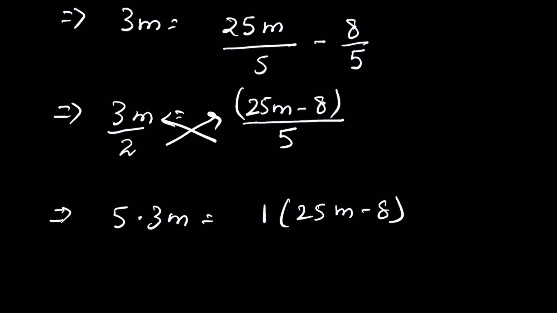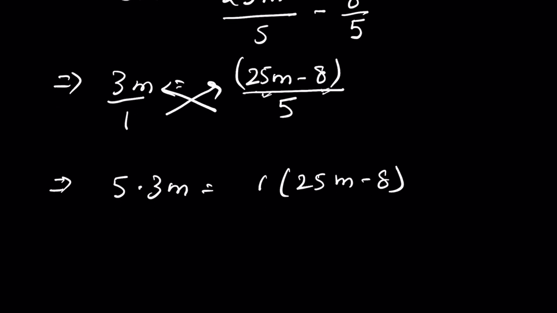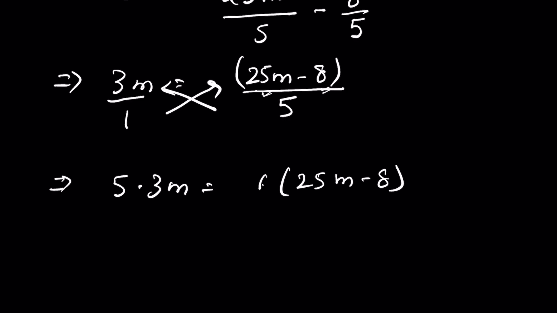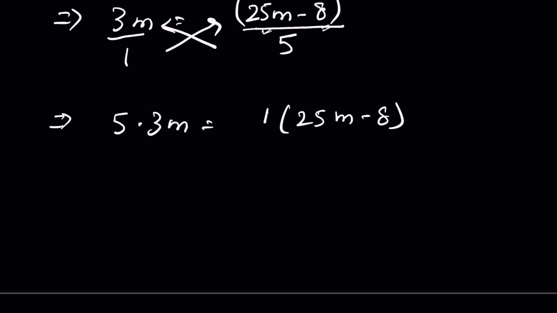So remember that when you send it for cross multiplication, this 2 will be multiplied to both 25m and to the 8. So it will be like 25m minus 8 in the bracket, and you have to write 2 here. Since there is 1 in the numerator, so therefore there is no difference. So we write 1 here. But always remember the steps so that you don't do the mistake.